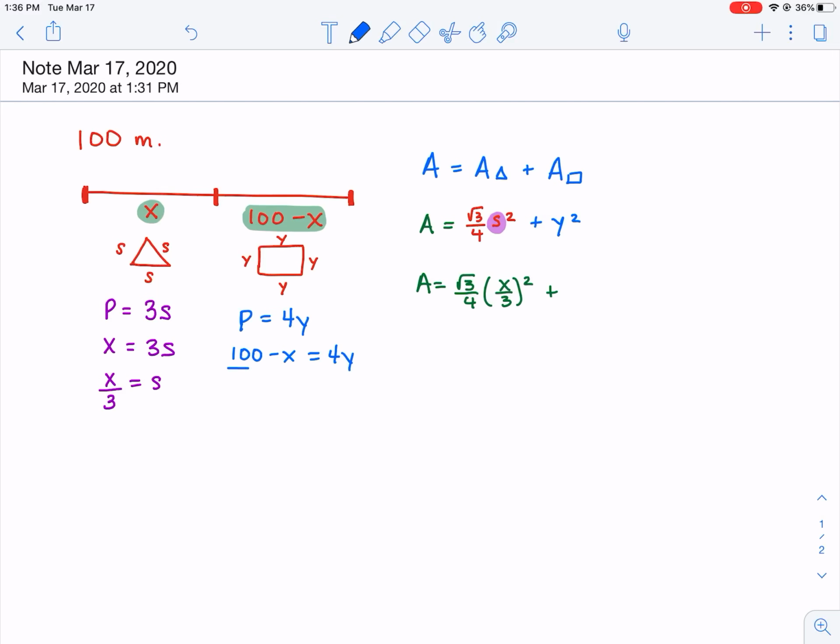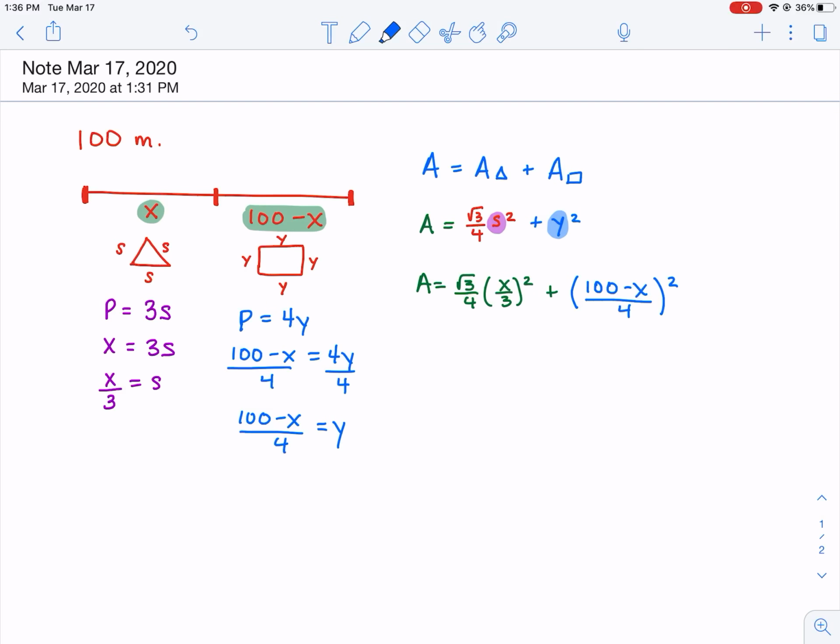If we divide both sides by 4, we get 100 minus X over 4 is equal to Y. We can then substitute that expression in for Y, giving us 100 minus X over 4, squared. Notice that just got substituted in for the Y in this expression.